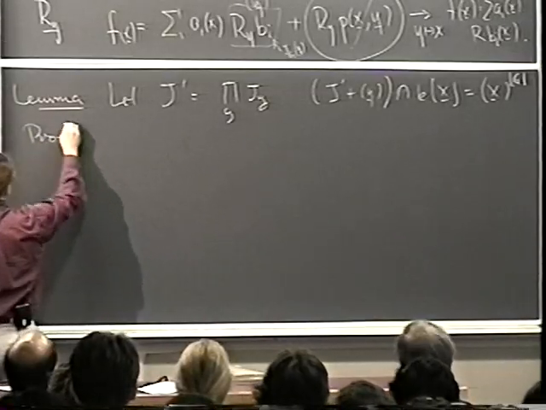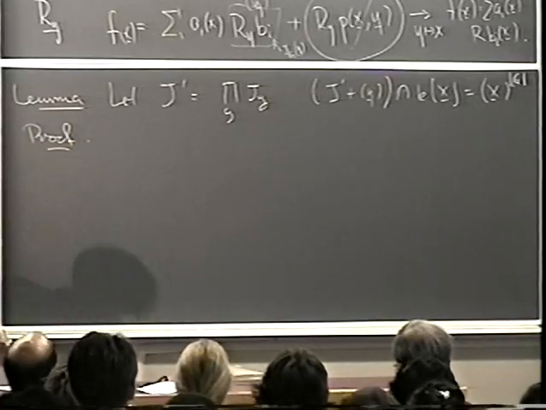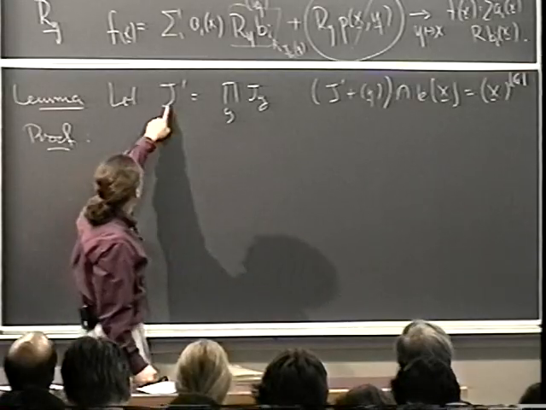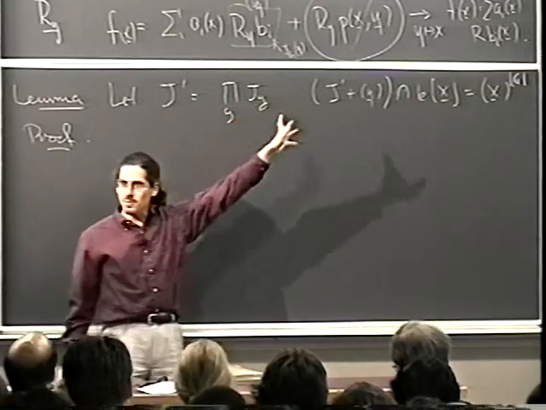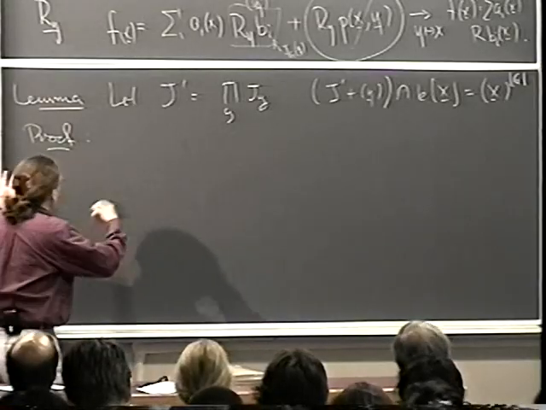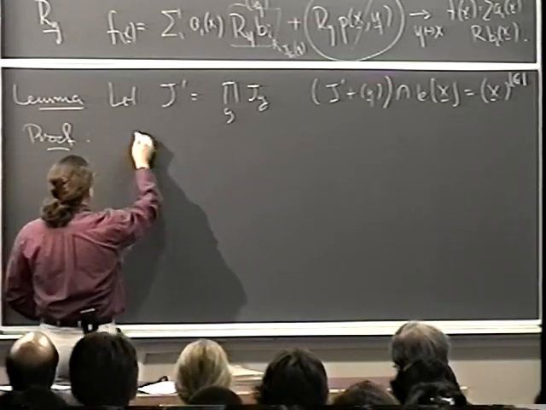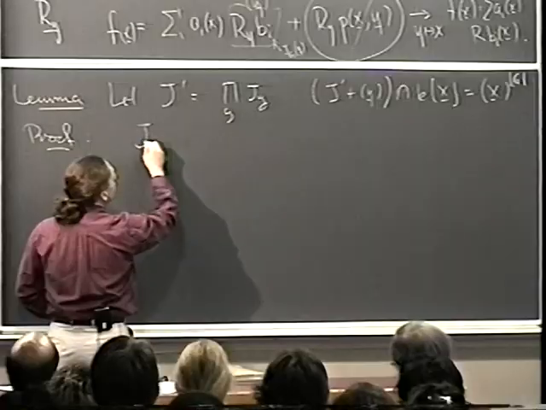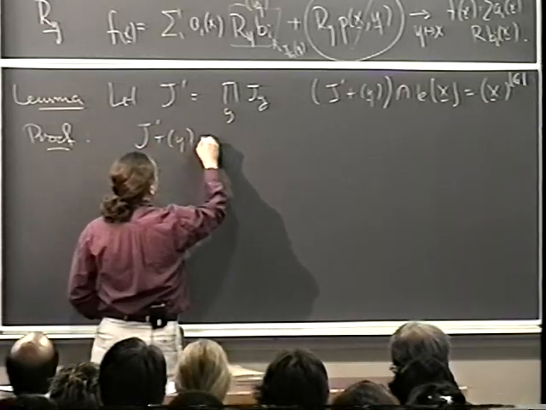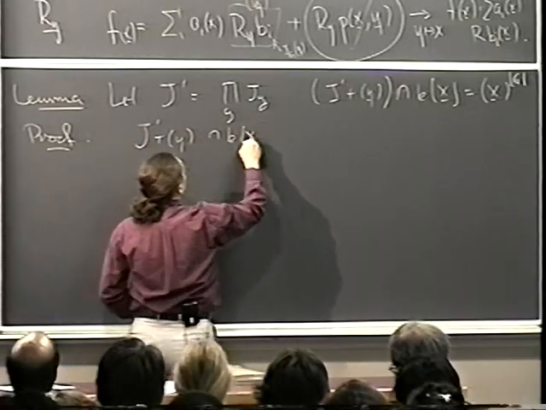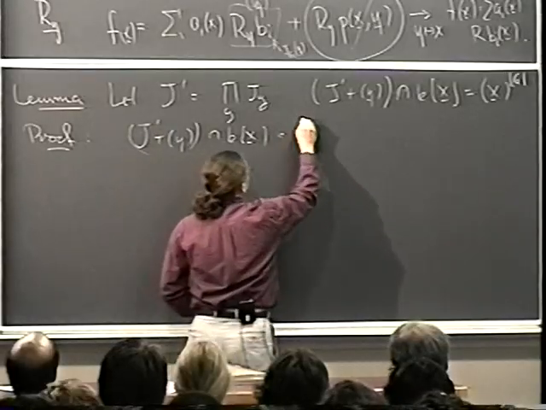And this is actually easy. Right? So first of all, these ideals are generated by linear forms in the x's and y's. So I just want to make an observation, actually. Notice that J prime plus (y) intersect K[x] can be described in this way.